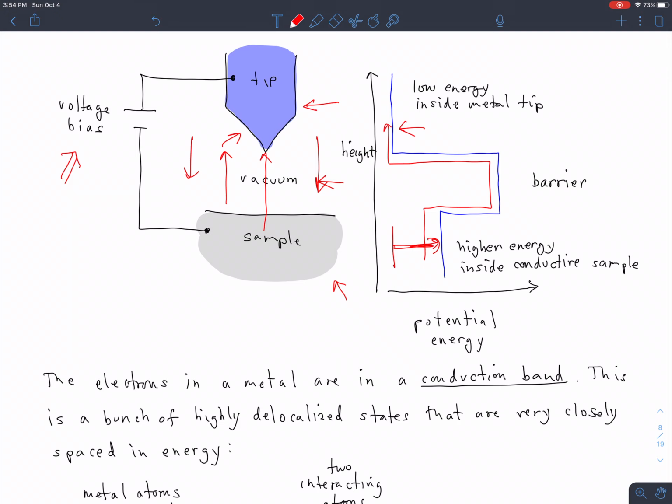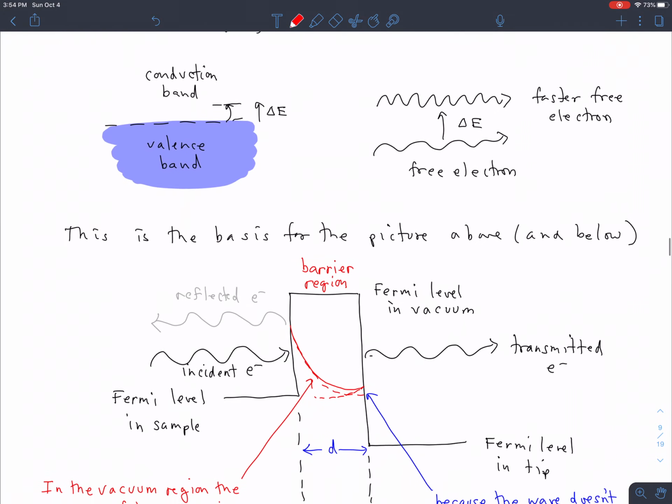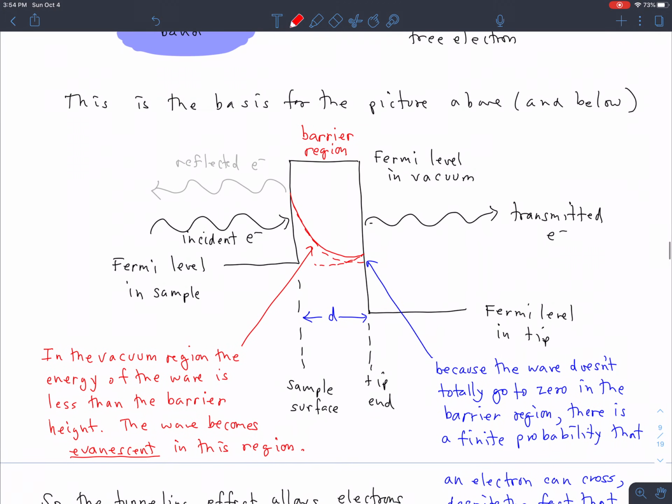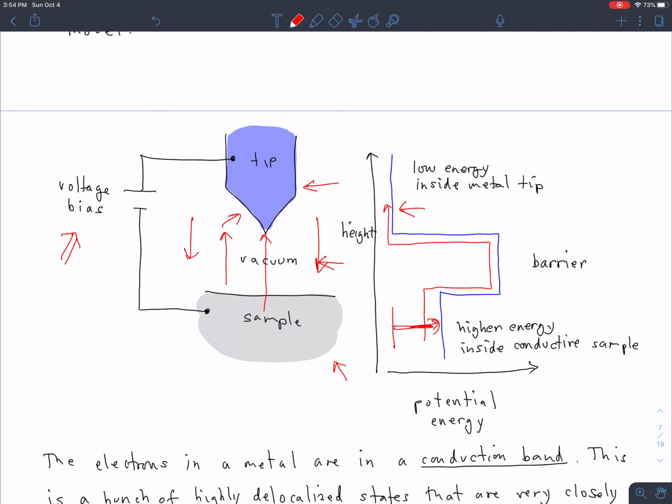Now, classically, yeah, classically, well, let me go back up here. The fact that the energy of the electrons is high when it's in the barrier means that if an electron comes in with typical energy for this sample, it doesn't have enough energy, it will get reflected, it would bounce off the surface of the sample if the electrons were classical.